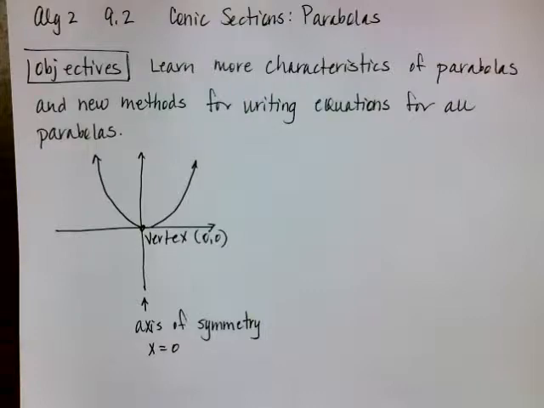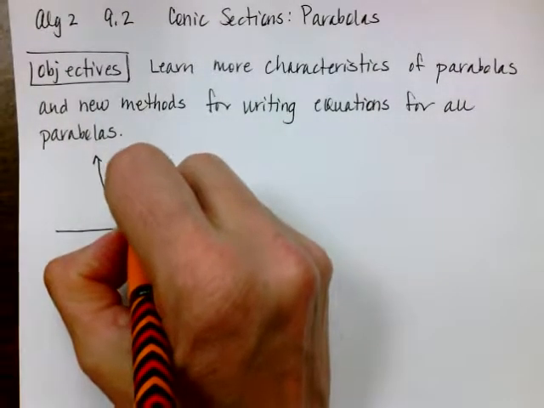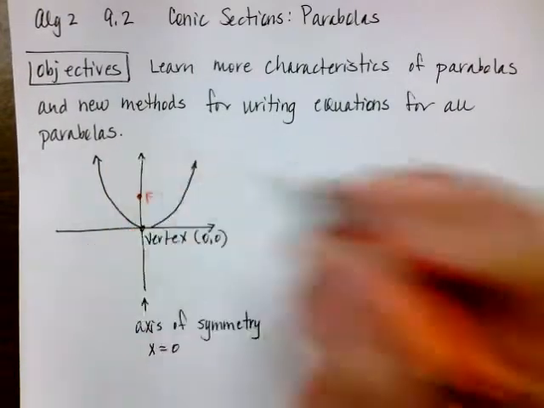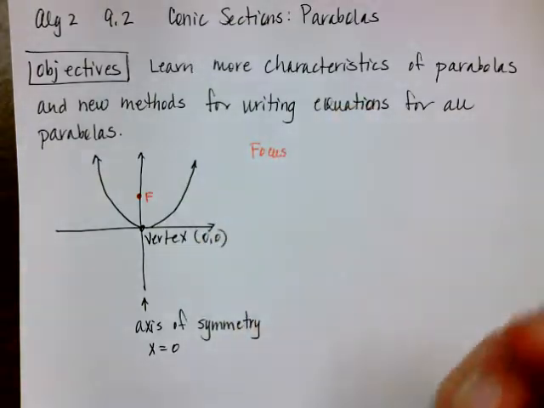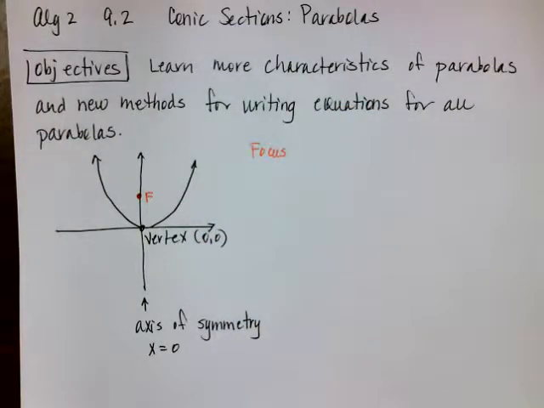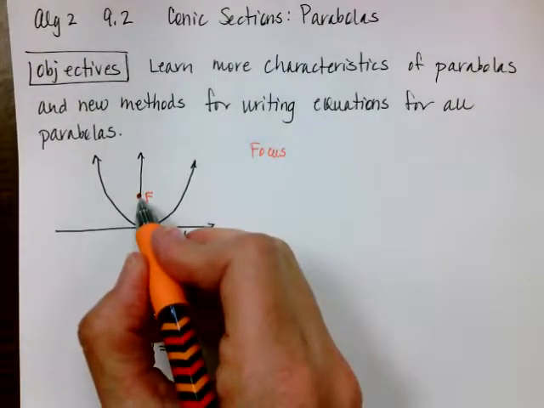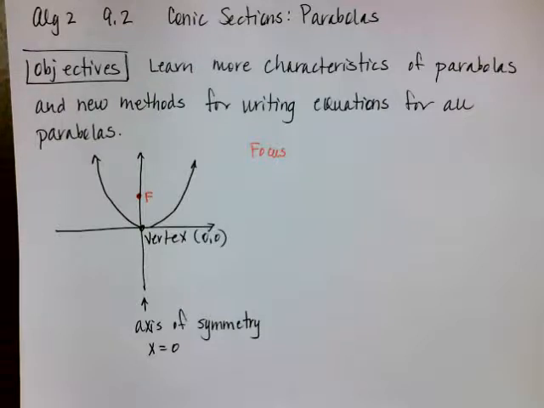Now I'm going to introduce two new pieces of information. Inside every parabola, there's a cool point called a focus. If you think about a satellite dish, in the center of that satellite dish there might be a receiver, and the receiver can receive a signal coming from someplace else.